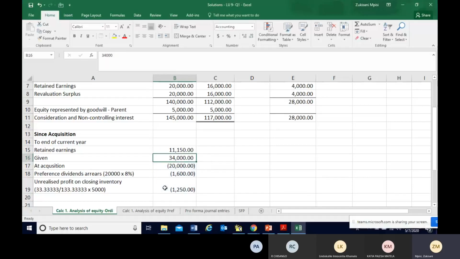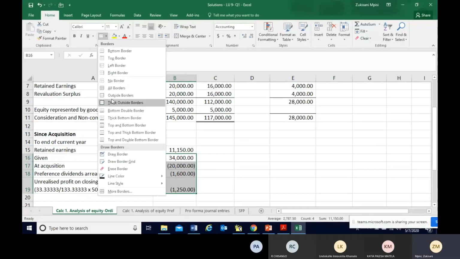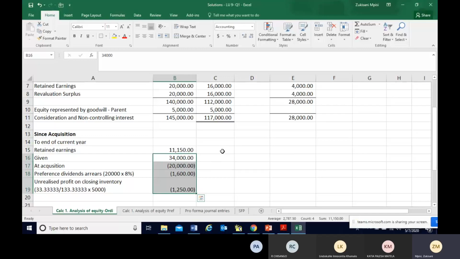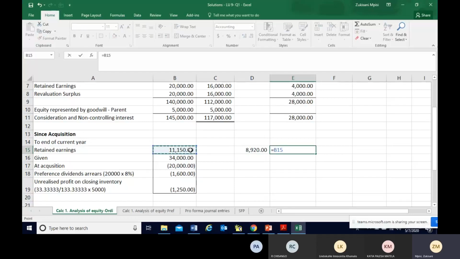We're taking everything here, and this is the amount we are getting for retained earnings, which means that since acquisition, the retained earnings are 80%, 8,120, and the non-controlling interest is only 20%, which makes 2,230.